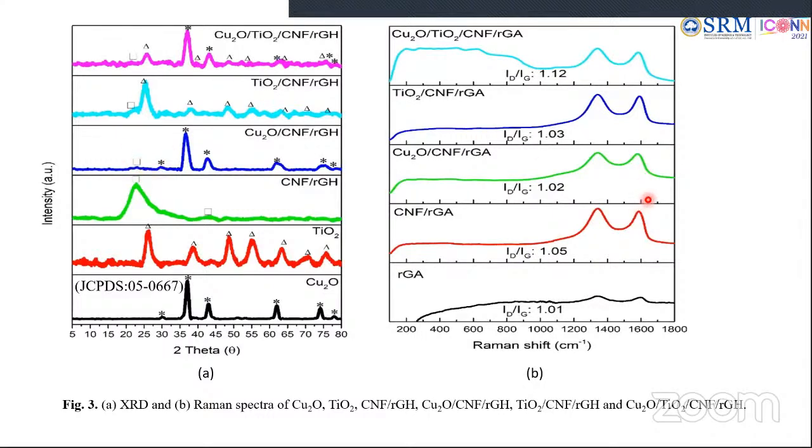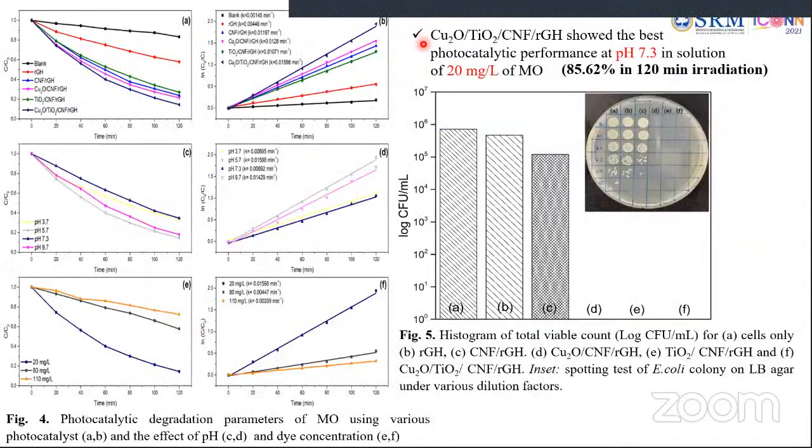So our Raman spectroscopy for the reduced graphene hydrogel modified with the photoactive material shows an increase in the ID/IG band, indicating that there was some form of defect at the graphene sheet with the decoration of these two particular photoactive materials.